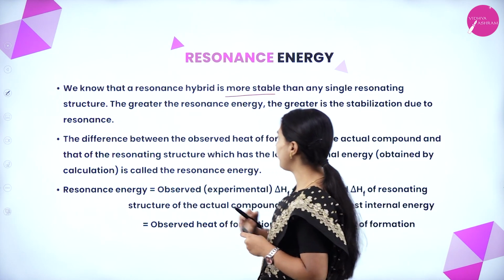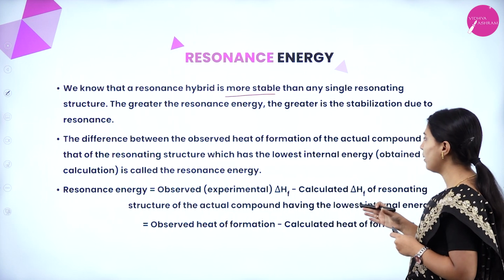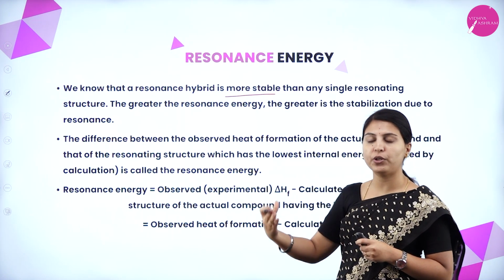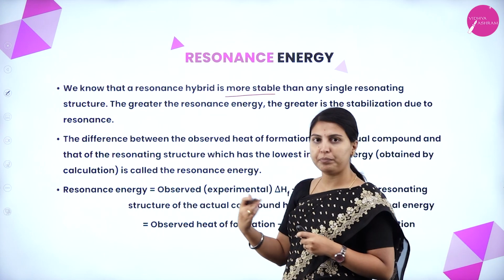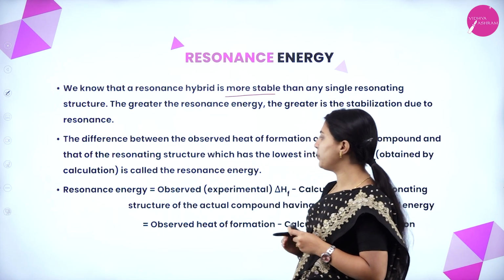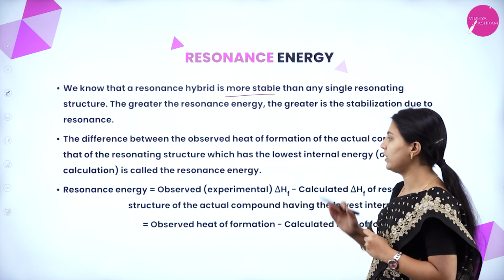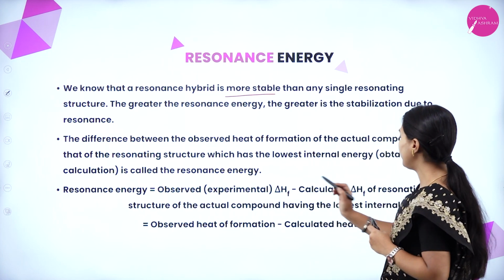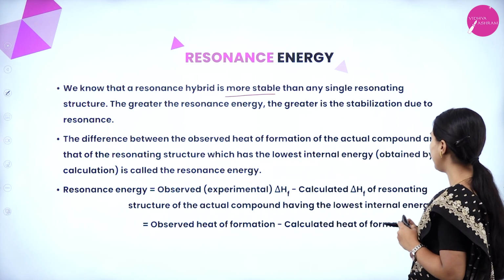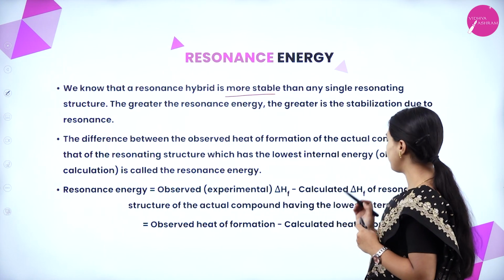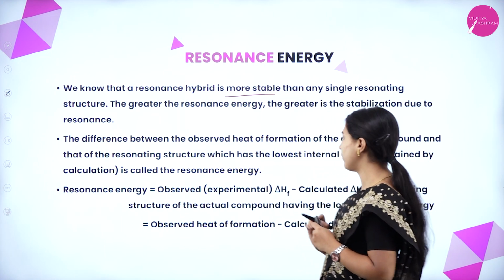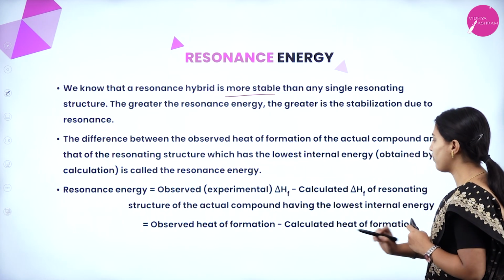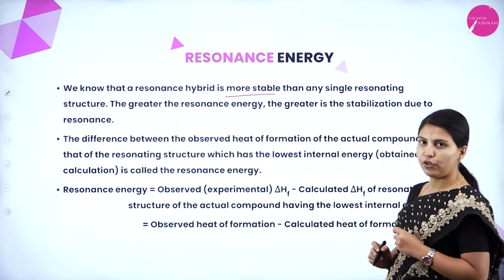Once again, the difference between the observed heat of formation of the actual compound and the resonating structure is called resonance energy. The resonance energy formula: observed heat of formation minus the calculated enthalpy of formation of the resonating structure of the actual compound having the lowest internal energy.